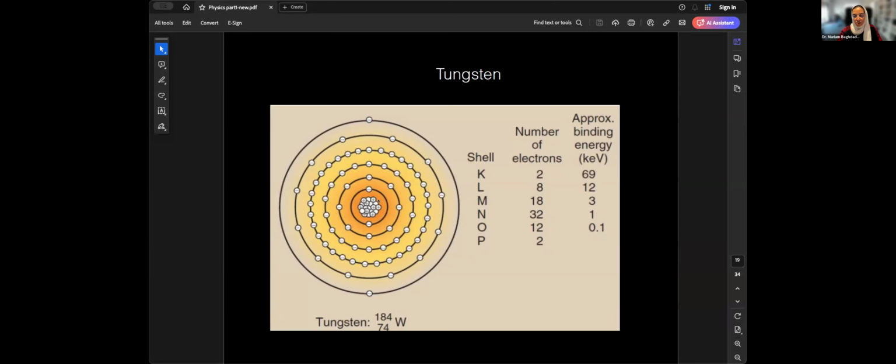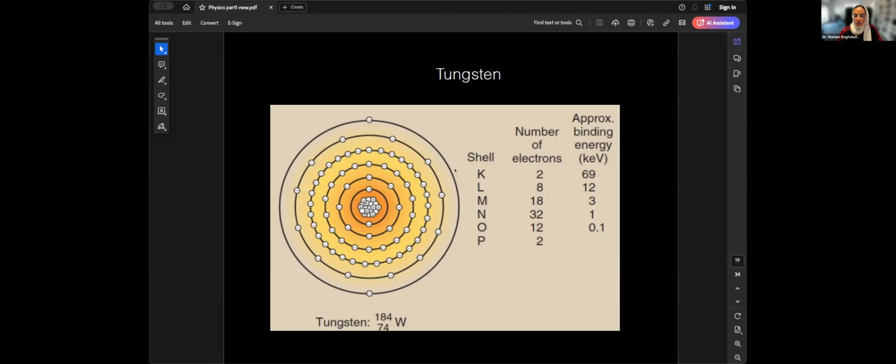Now, I like this image here because it shows by color the attachment, or the energy binding, of the electrons to the nucleus. So the most attachment, or the highest binding energy, is in the shells that are closest to the nucleus right in the center, correct?